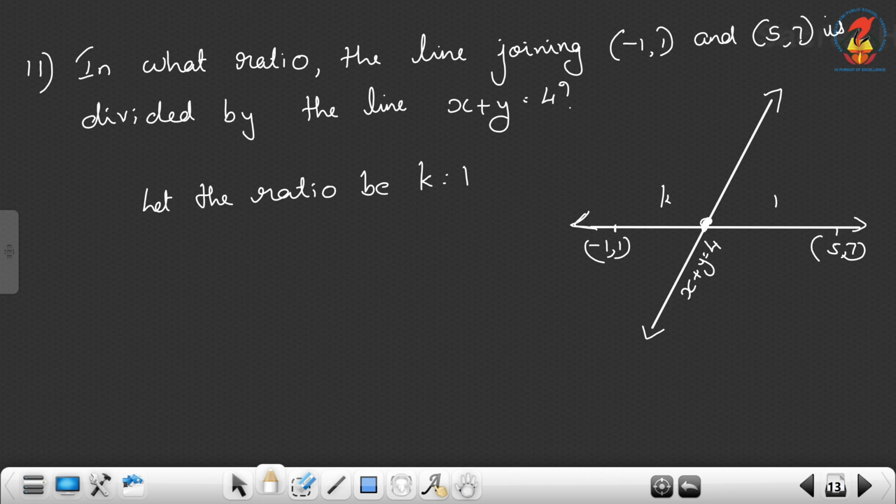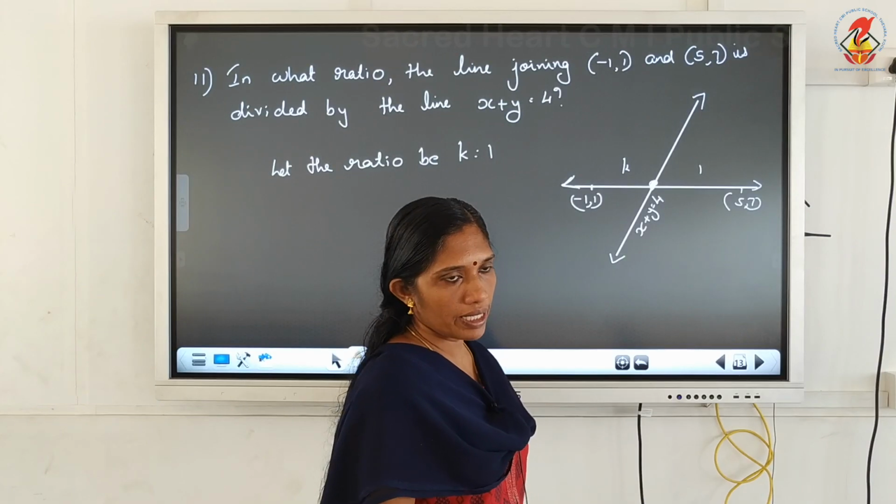That is, the line joining (-1, 1) and (5, 7) is divided by another line in the ratio k is to 1.